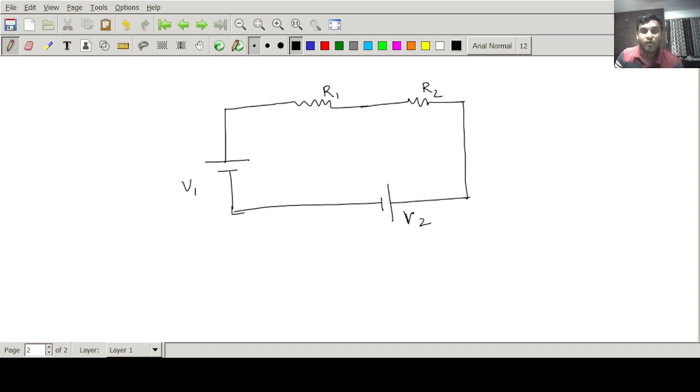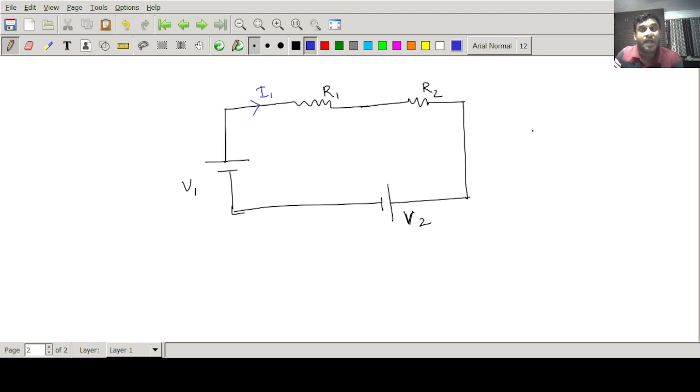Now I do not know the value of V1 and the value of V2. So the first thing is that we have to assume the current direction. I am assuming the current is flowing in this direction. By taking the assumption, we have to calculate the current.